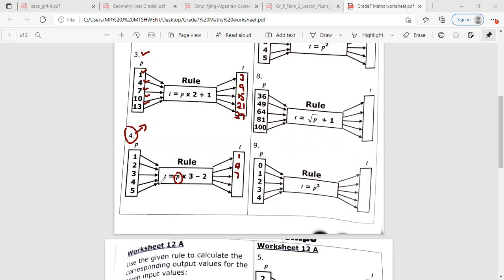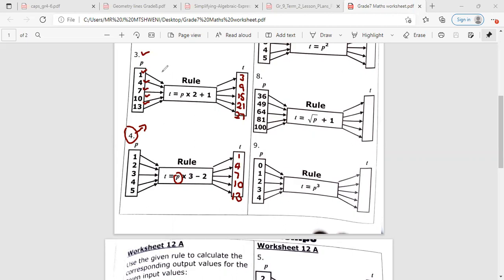It's 7. 4 times 3 is 12. 12 minus 2: 12, 11, 10. You get a 10. 5 times 3 is 15. 15 minus 2 is 13. That's how we get this one.